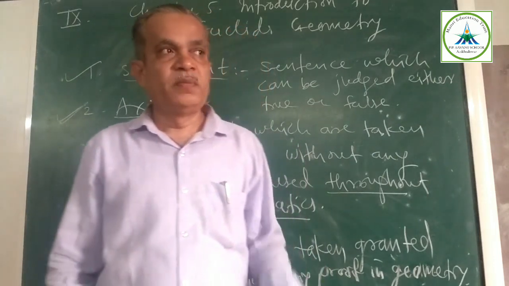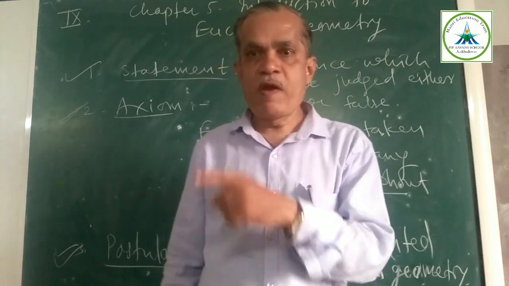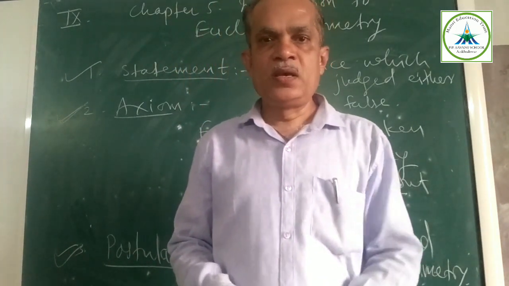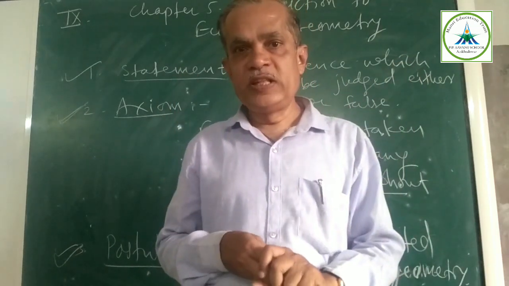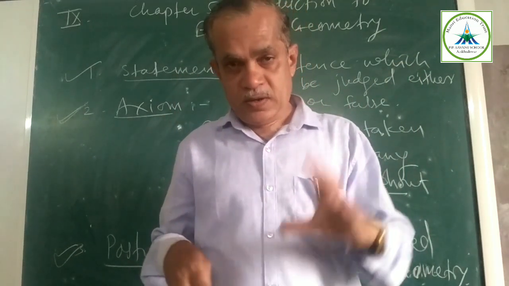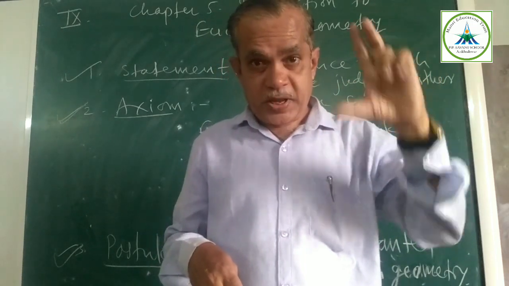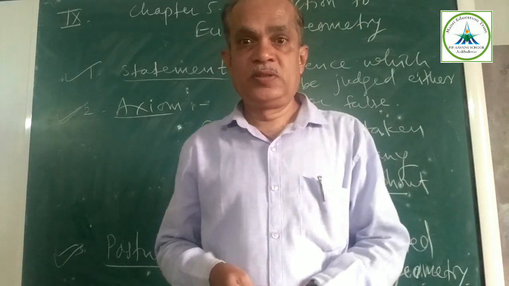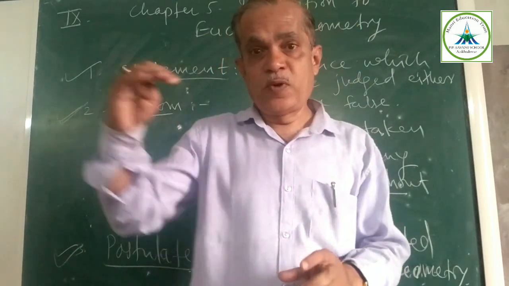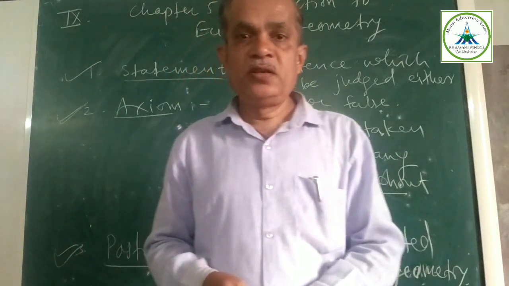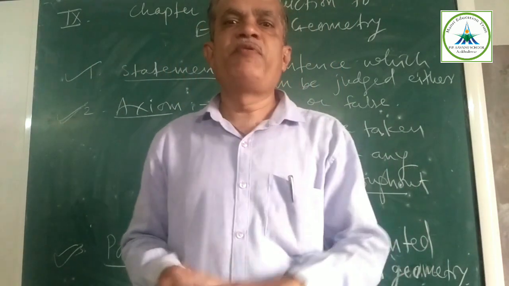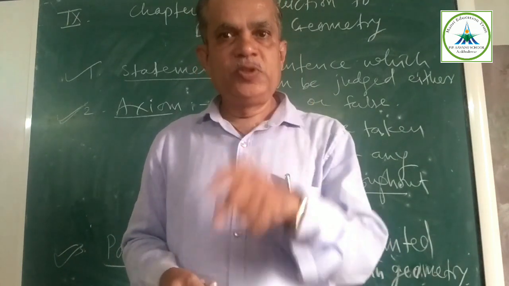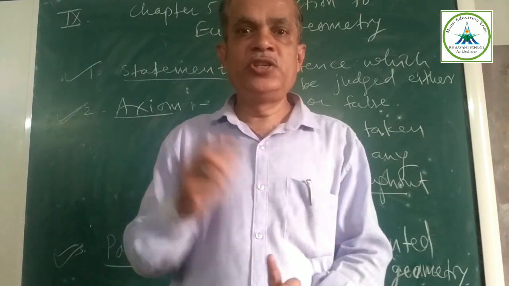If you go to libraries or go to encyclopedias online, you will get a set of encyclopedias with a long list of axioms as per the need for higher studies. In class 9, whatever axioms must be known to every student, that we discuss today, and also postulates which must be known to class 9 students, we discuss in this chapter.